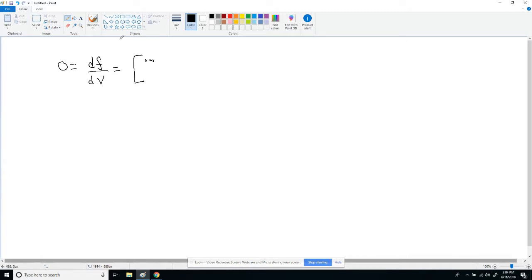So this is the m over 2 pi kT, Boltzmann's constant times the temperature, to the 3 over 2. And we had the 4 pi from the three-dimensional transformation that we did from the original one-dimensional Boltzmann distribution.